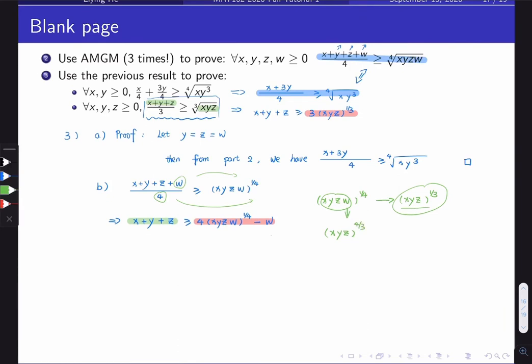If this whole thing becomes (xyz) to the power of 4 over 3, then if you take the power of 1 over 4, you will get (xyz) to the power of 1 over 3.